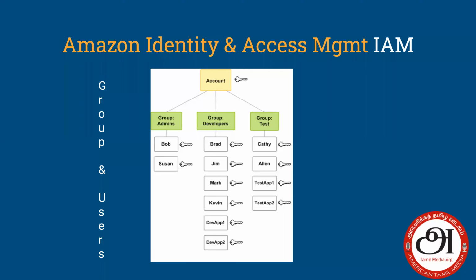The users are unique. They belong to only one group. But in a real scenario, you can have the same user like Bob being in all three groups, or Kathy being in one or two groups. It's many to many.